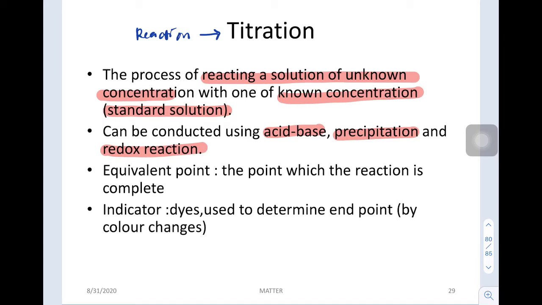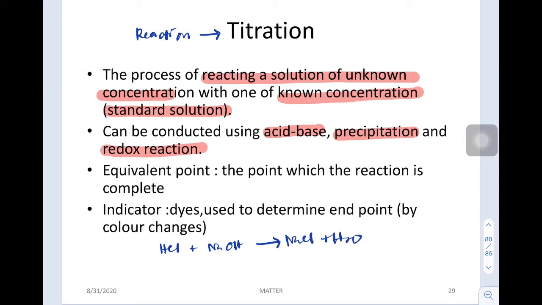So when we do a titration, there will be an equivalent point, and this equivalent point is the point at which the reaction is completed, based on the mole ratio. Let's say we have a reaction between acid and base, HCl reacted with sodium hydroxide, it will produce NaCl and also H2O.